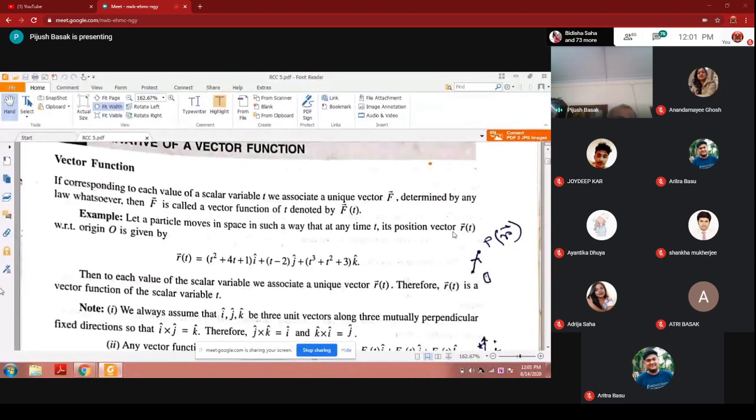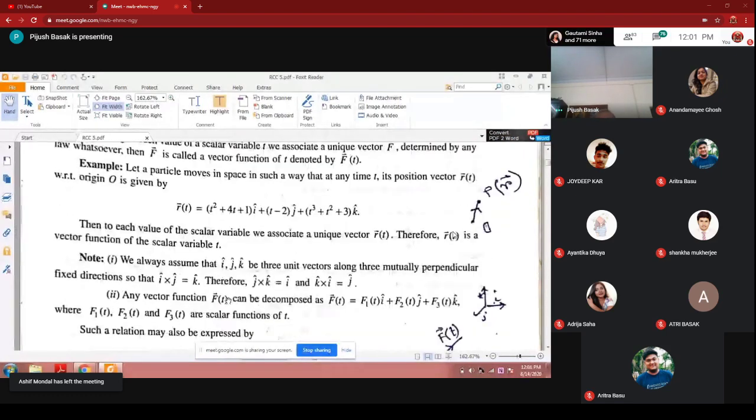Therefore, r(t) is a vector function of the scalar variable t, because the position of this vector will change when t changes. If t is equal to 1, some position will be there. If t is equal to 3, some position will be there. So this is dependent on t.